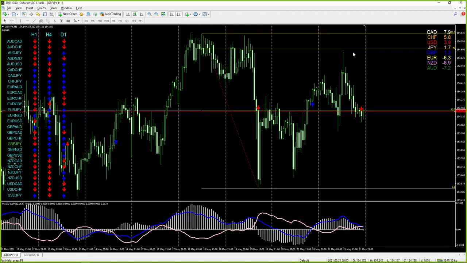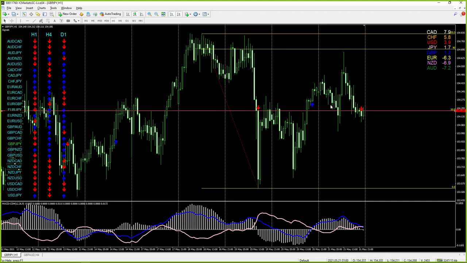Even though it almost hit our 90 Fibonacci, it's not a valid positive stop loss. I don't actually do it, but it already moved 50 pips, so it's fine. And as you can see, it's still a floating trade as of now, because the price is currently at the 50 Fibonacci.